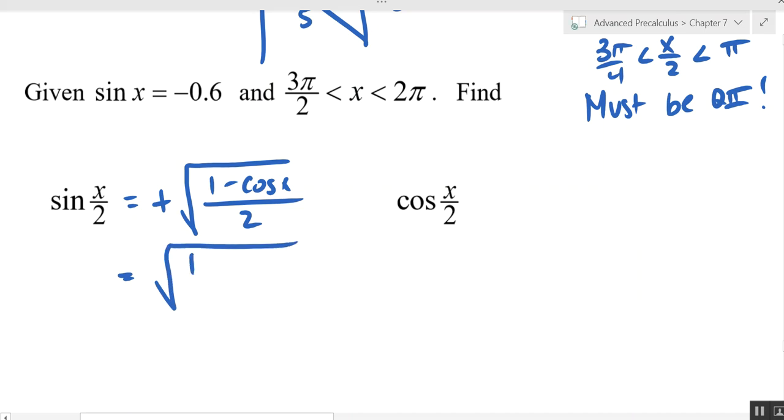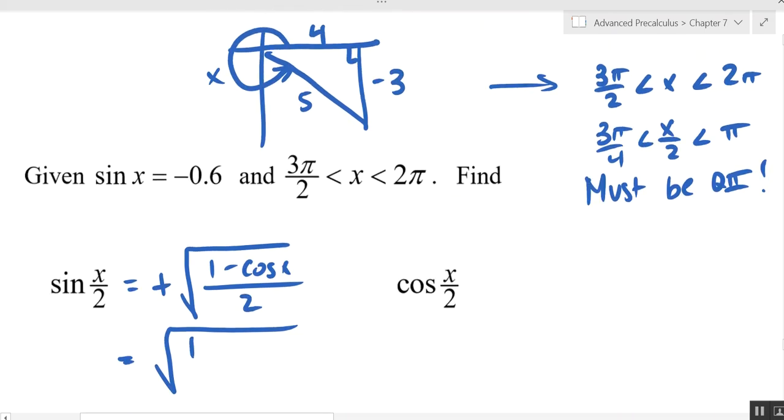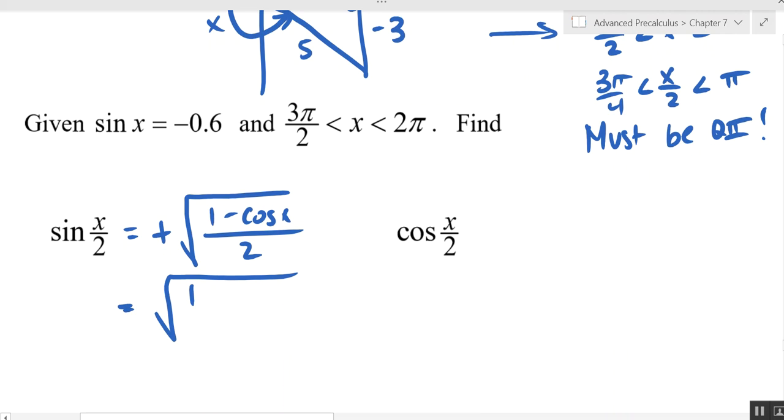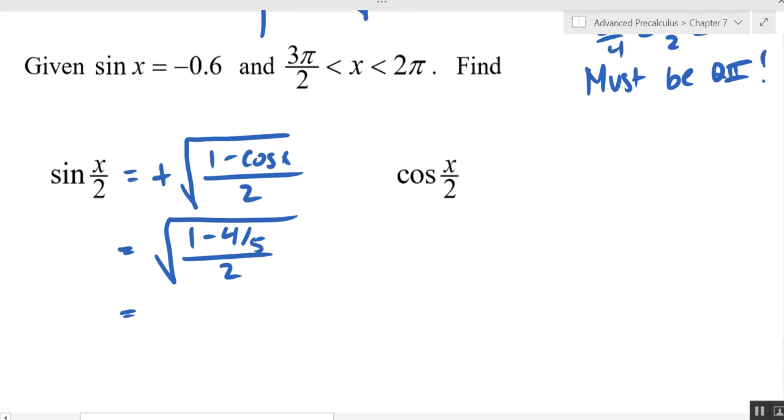And we know cosine x, based upon the triangle up top, looks like our cosine is 4/5. So we get the square root of 1/10, or really root 10 over 10.